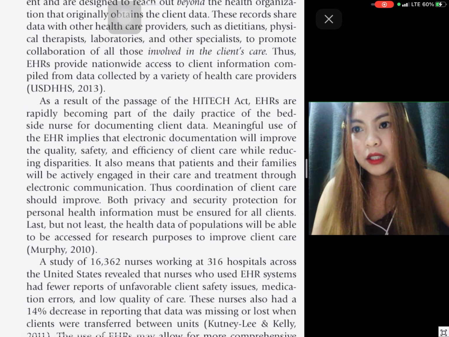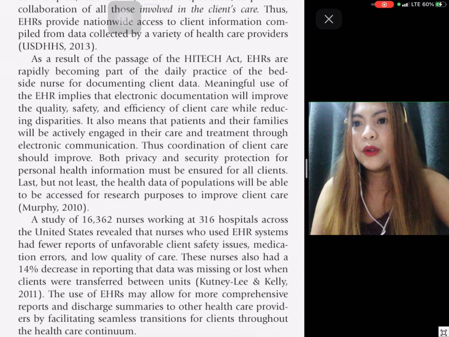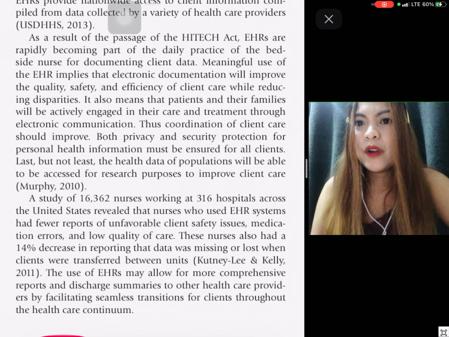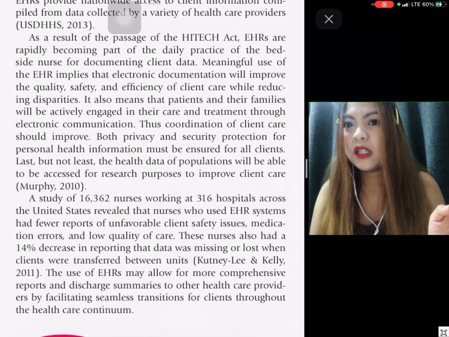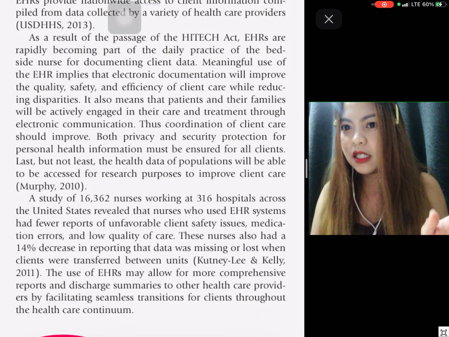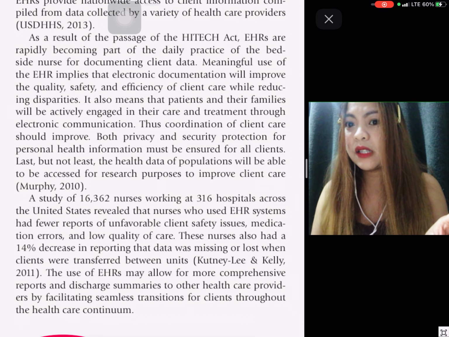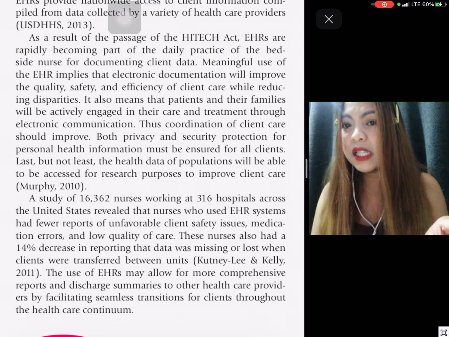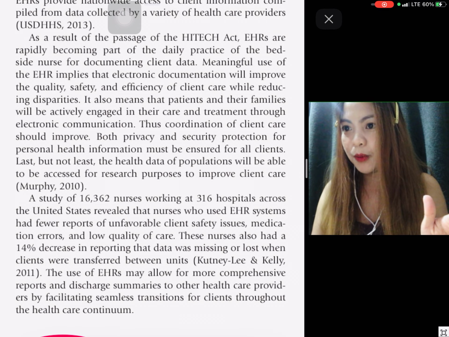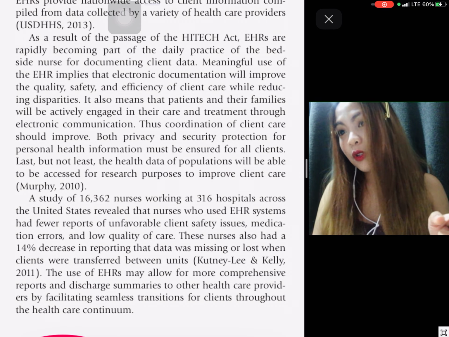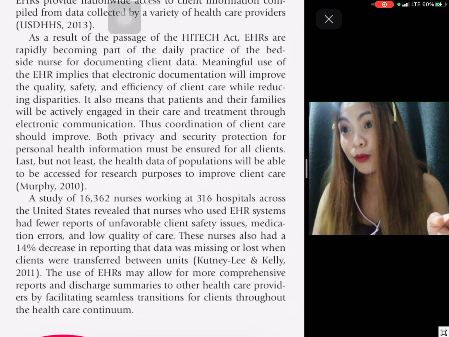So, EHRs are rapidly becoming part of the daily practice of the bedside nurse for documenting client data. Meaningful use of the EHR implies electronic documentation will improve the quality, safety, and efficiency of client care while reducing disparities. It also means that the patient and their families will be actively engaged in their care and treatment through electronic communication. So right now, in the time of COVID, telecommunication, telemedicine, or teleconsult is common.